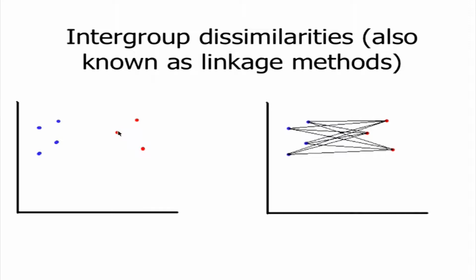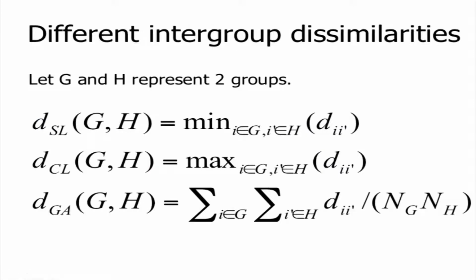In any event, these intergroup dissimilarities are also known as linkage methods because they link clusters with each other. As I mentioned, there are these major types of linkage methods. The one I mentioned is based on the average, known as average linkage. You can form the minimum pairwise dissimilarity, that is known as single linkage, and you can form the maximum dissimilarity, that's known as complete linkage.